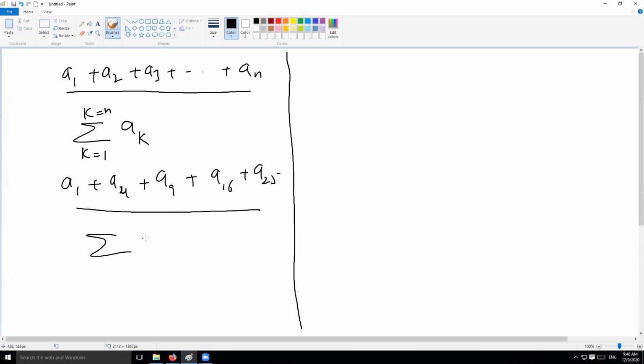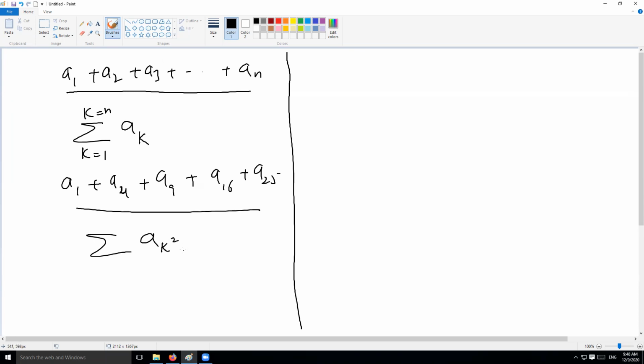So what should you write? Sir, k equal to 1. Okay, let's just start. First of all, you have to generalize the sequence that you have in the indices: 1, 4, 9, 16. So what would be the general sequence? So it's k square, right?